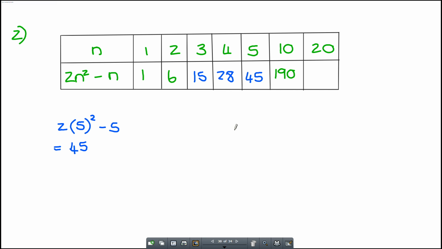So I would say 2 times 20 to the power of 2, and then minus 20. That gave me 780. Right, any questions there?